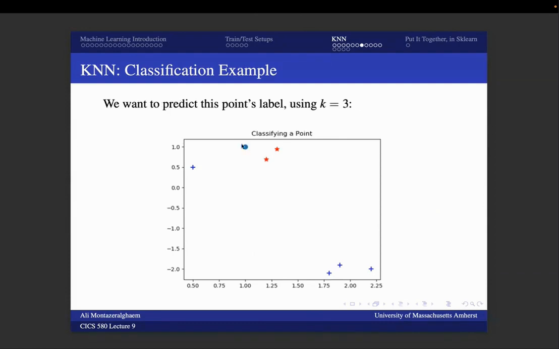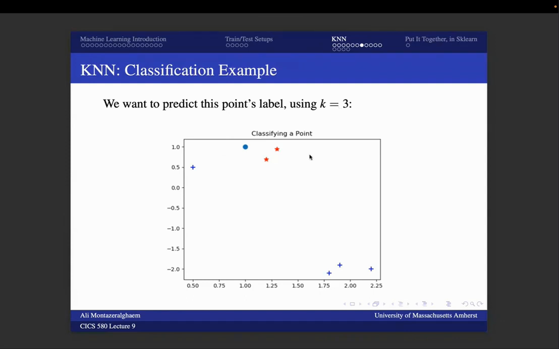We get a new data point, which is x test, and we want to predict the label for this data point, right? We want to know whether this data point is a star or a plus class. Consider also that k is equal to 3.